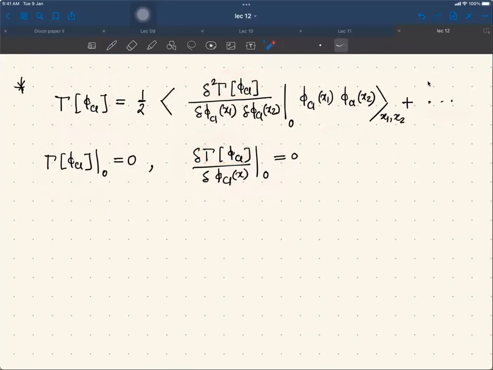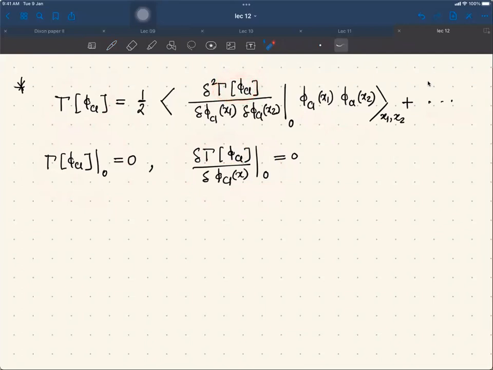If you find an extremum of Γ which has a non-trivial profile, then you can define φ_CL as a difference from that solution. It is not a classical solution; it's an extremum of Γ. It's not the classical action, and it has the quantum corrections involved in it.